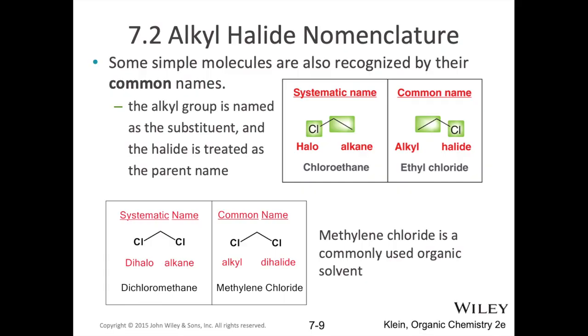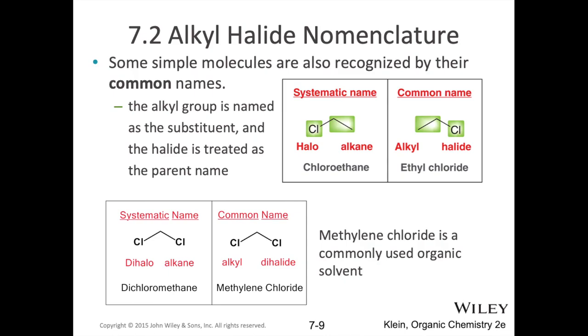So what dictates that common nomenclature? Well, it basically arises from what you treat as your substituent and what you treat as your root name. When we use our IUPAC nomenclature, we look at our carbon chain and we treat that as the main part of the molecule.